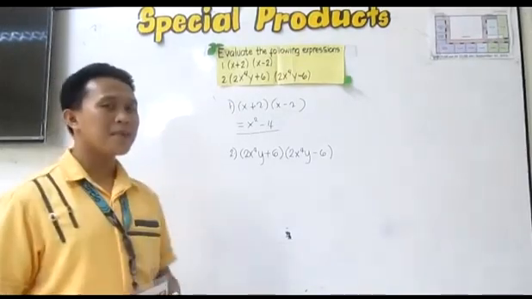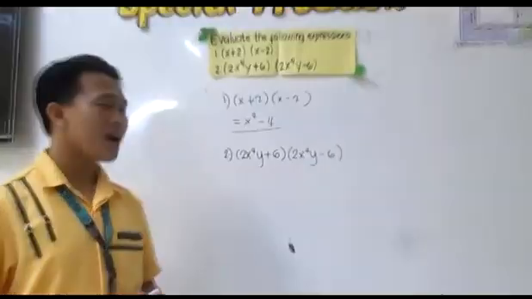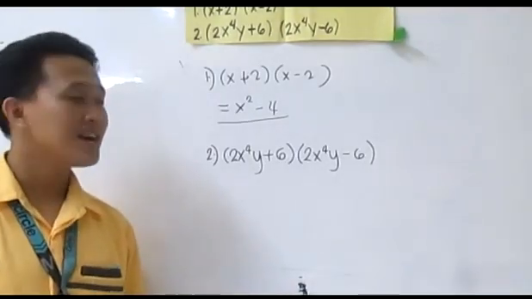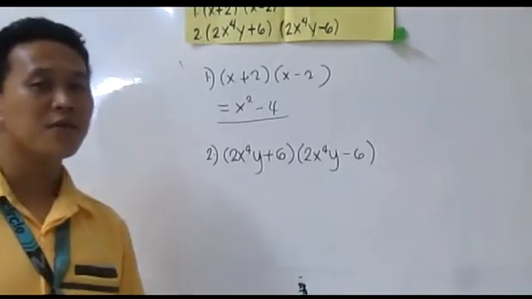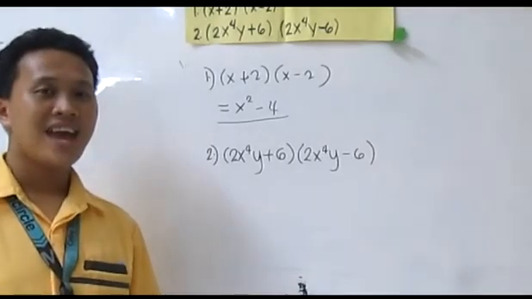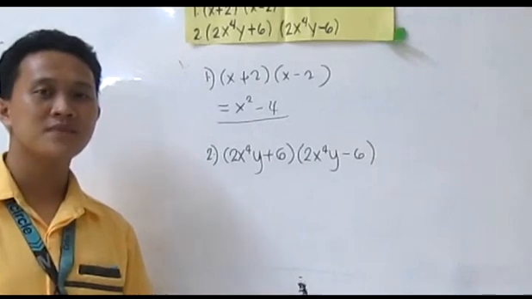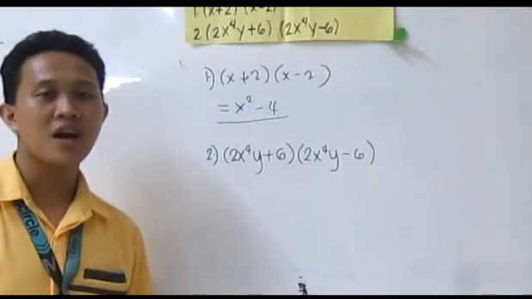And our second example is quantity 2x raised to the power of 4y plus 6 multiplied to quantity 2x raised to the power of 4y minus 6. Again, in order to solve this, just square the first term subtracted by the square of its last term.